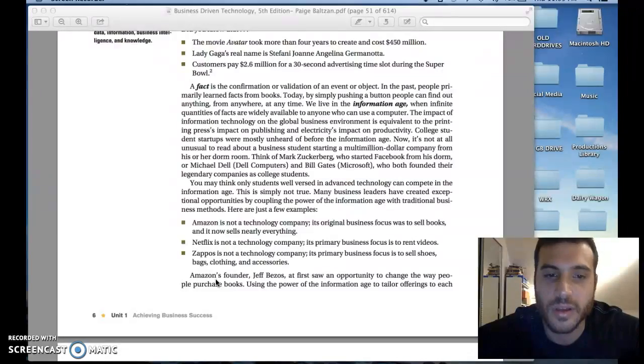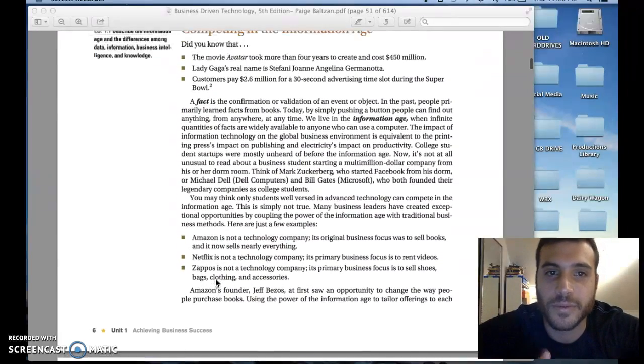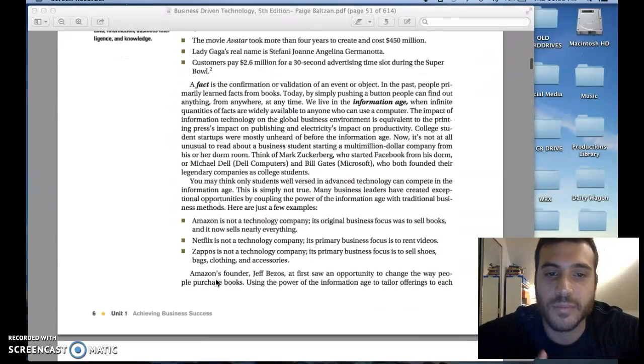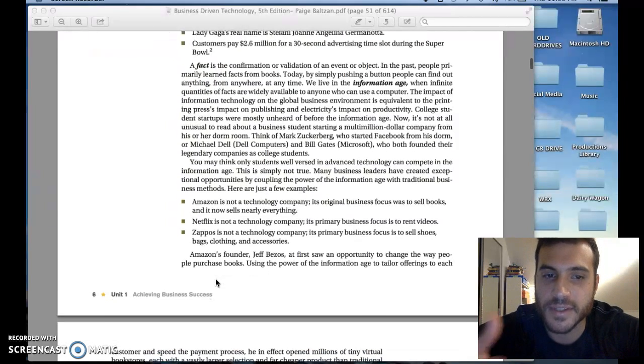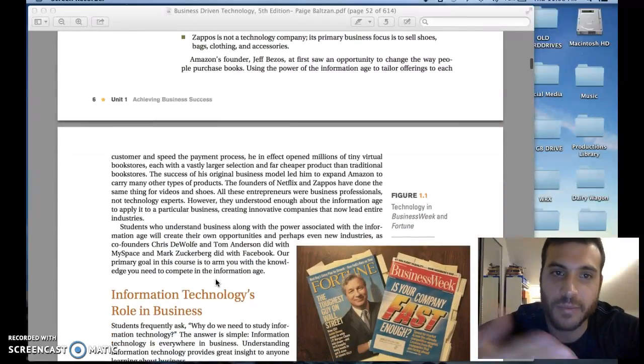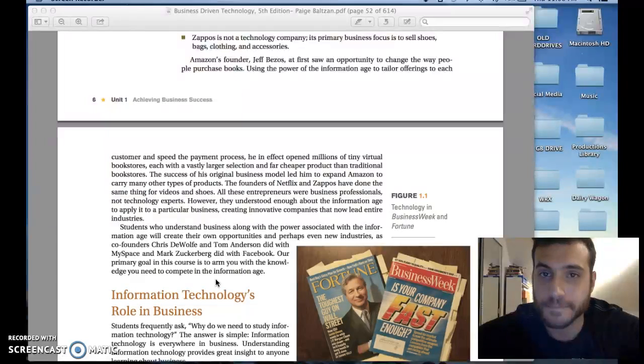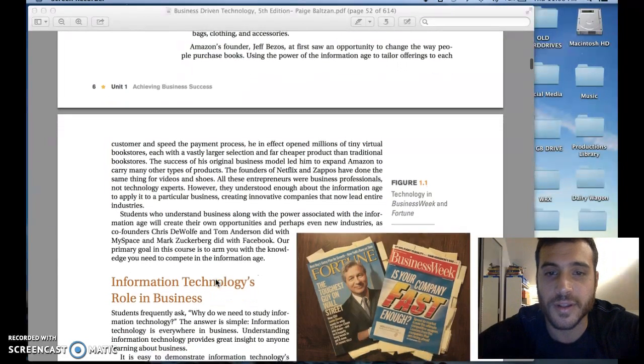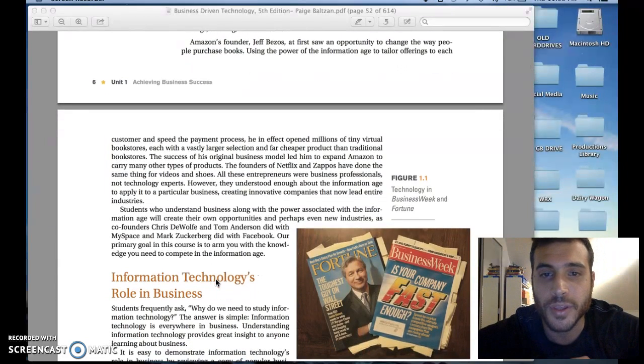to information. And as an example, the text starts by naming a few digital companies that, because of the technology, were big successes. It names Amazon, Netflix, Zappos, and it explains, for example, how Amazon started as a company that sold books online, and it turned into a huge success by selling a lot of different things.